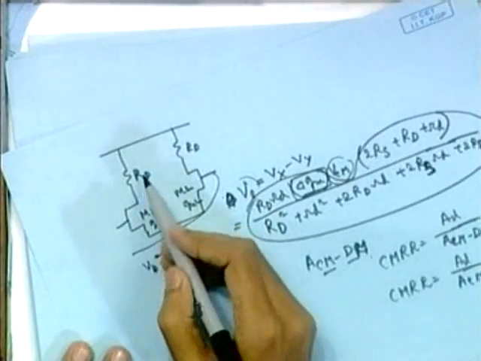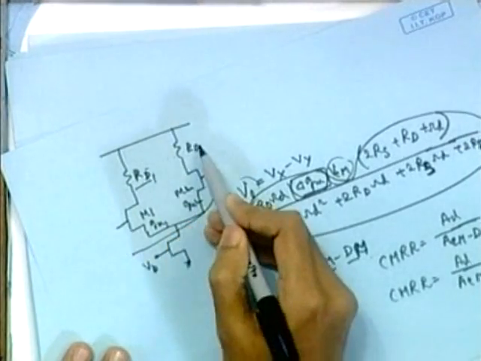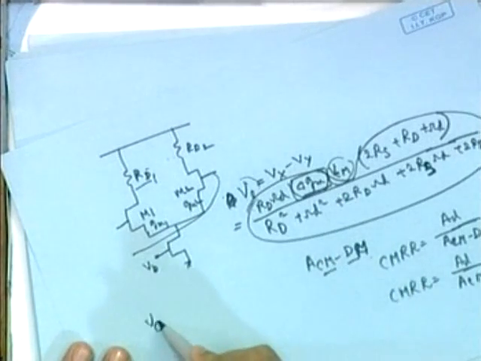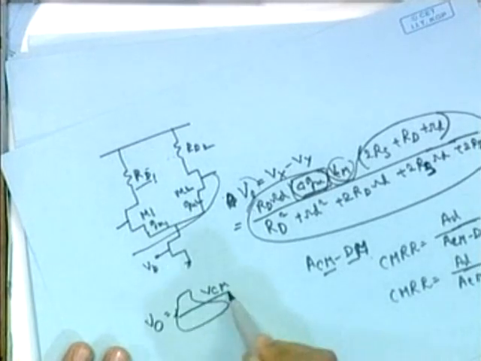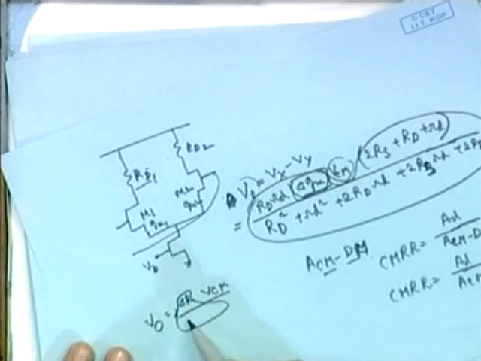Similarly, if these two resistance values are not the same, suppose this is RD1, this is RD2, we will be getting some effect of this. We will be getting the same function, VCM, but this differential gain will be different. There will be some delta R kind of thing. Delta R means the difference between these two, and some RD square, all those things will be there.